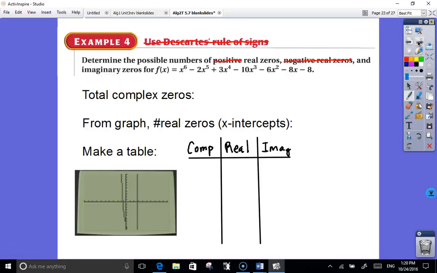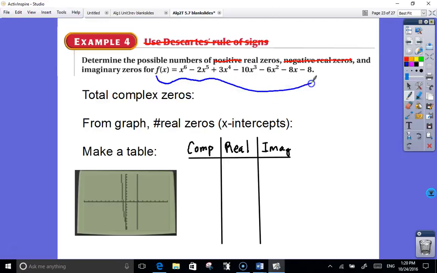Okay, and then this is the last thing, and in the book this is where they're trying to get us to use what's called Descartes' rule of signs to come up with the number of positive real and negative real zeros, which is actually not what we've been asked to do for the SOLs. What we've been asked to come up with is the possible number of real and imaginary zeros. Now the one thing that's of no dispute is how many complex zeros this function can have.